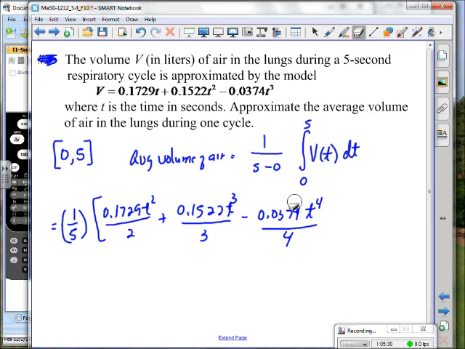I can't read my own writing, so I'm going to, there we go. Okay. Integrating from 0 to 5.